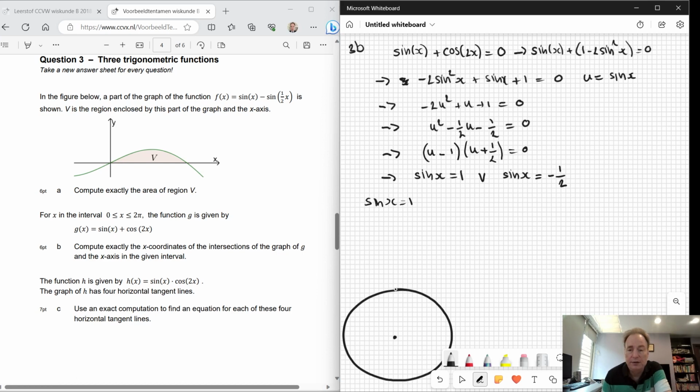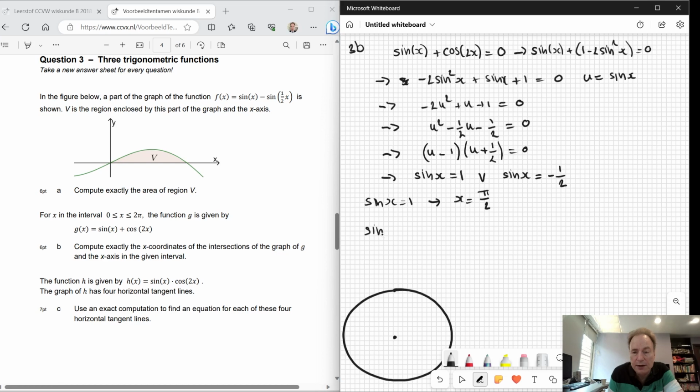So when is that 1? Well, when x equals pi over 2. And that's all we have in this interval. So this gives x equals pi over 2.